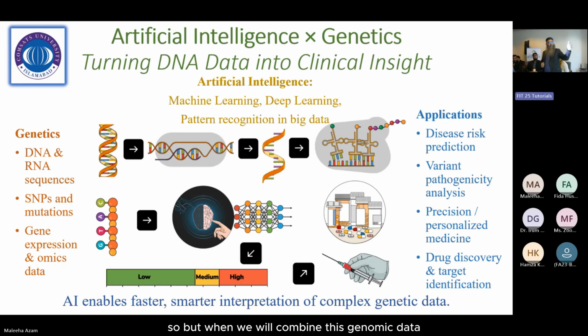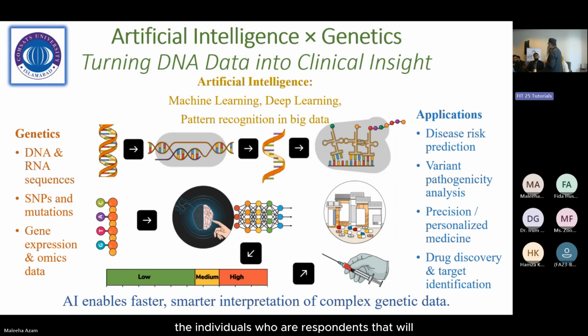But when we combine this genomic data with biochemical and other data, then we can identify that a particular individual is a responder or non-responder for different categories of medicine. If we know that, then we can treat very well.